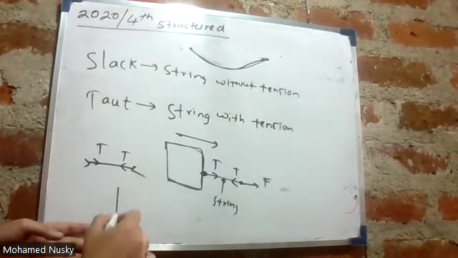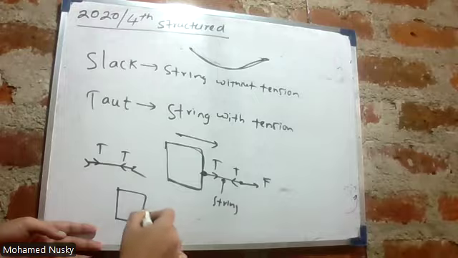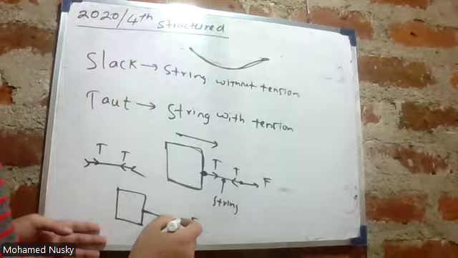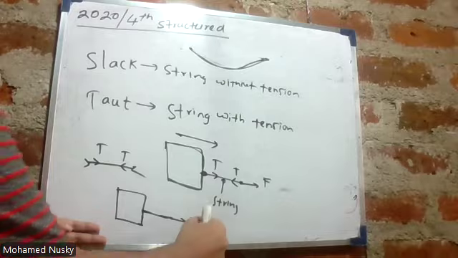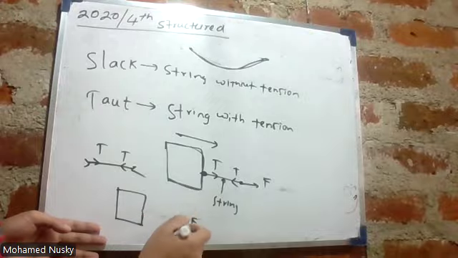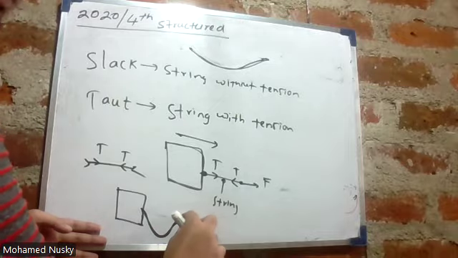So I have an object here. I have connected a string. This is a very long string. And then I'm giving a force. As it is a very long string, this is not enough to give a force to this object. The string will droop down, and I have given a very small force.